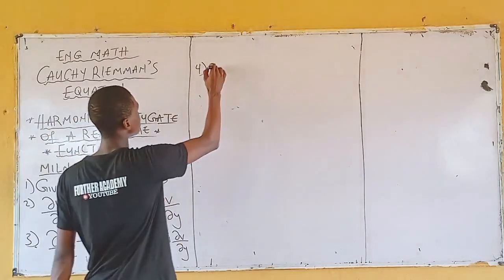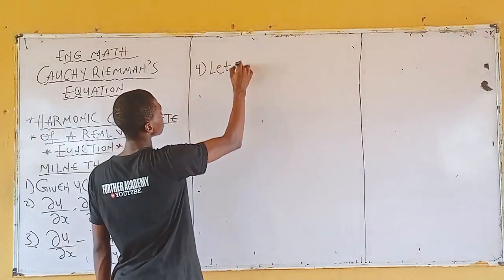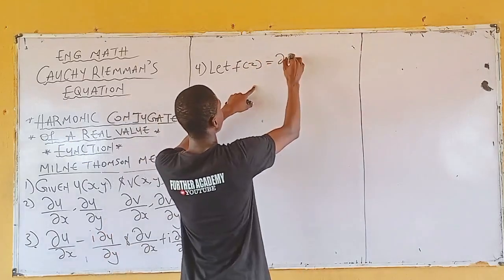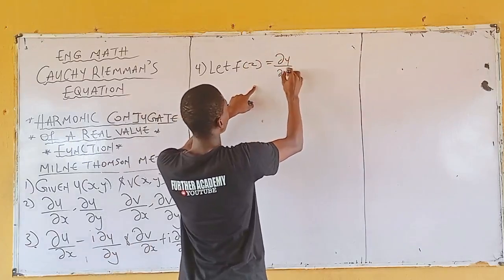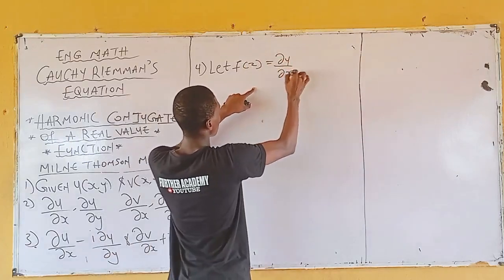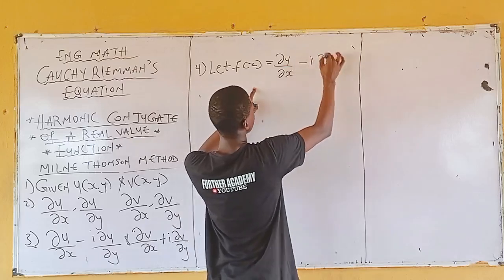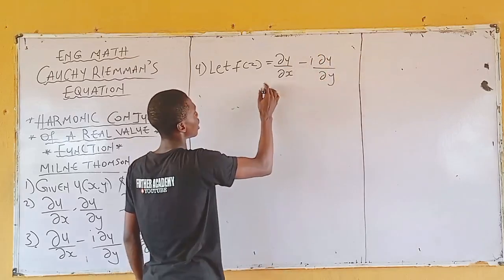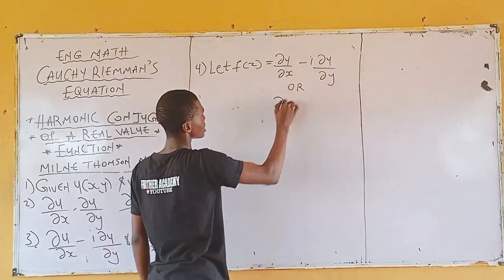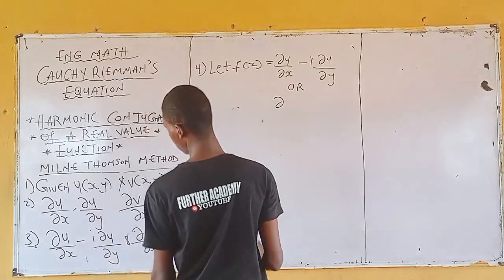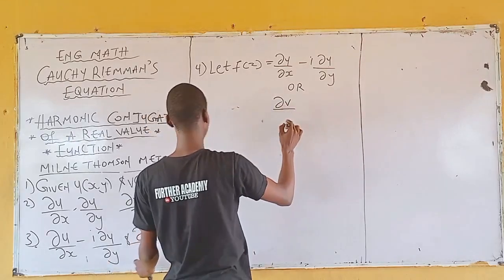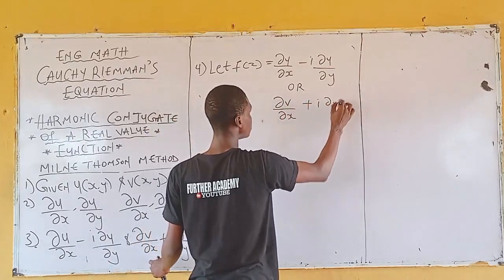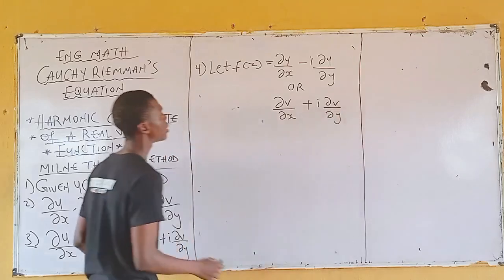let f of z be equal to partial derivative of u with respect to x minus i, partial derivative of u with respect to y, or partial derivative of v with respect to x plus i, partial derivative of v with respect to y.